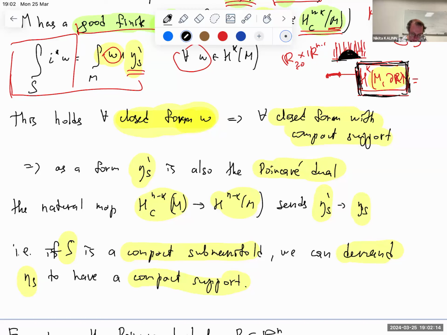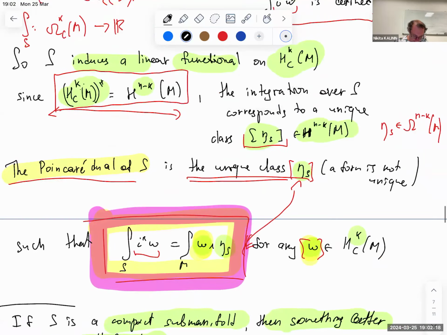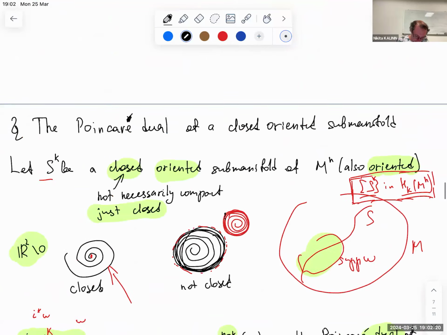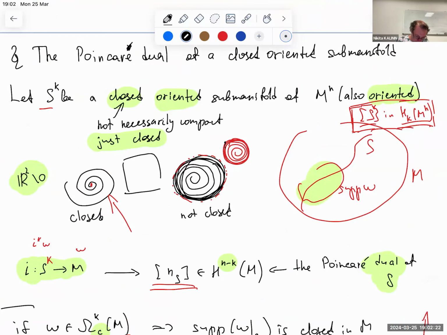And also maybe that was a question about submanifolds with boundary, and then you have problems. Just imagine again you have R2 without a point, but then your submanifold is just an interval.